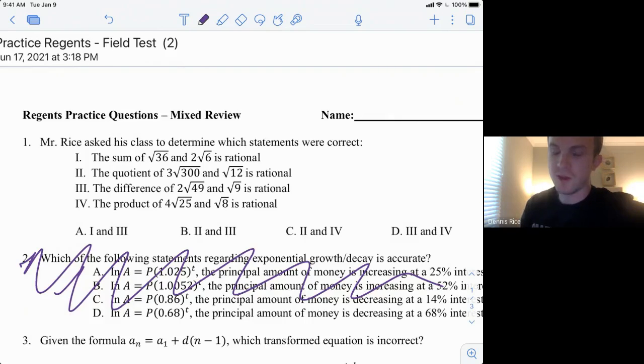So go through these. What I like to do as a tip is put a check or an X next to the Roman numerals, and then look for the choice that has those two checks. Go ahead.